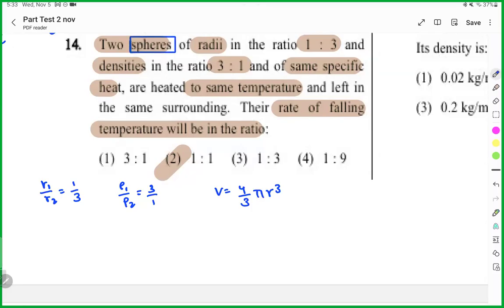And you can calculate for sphere. This is the volume. The volume for the second.